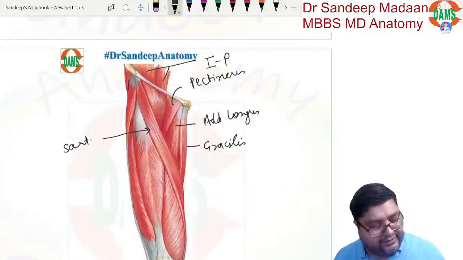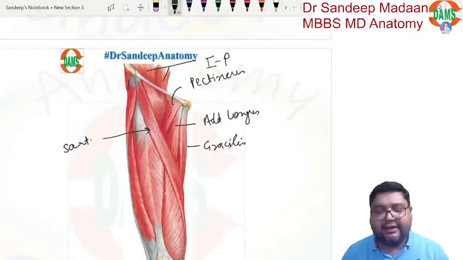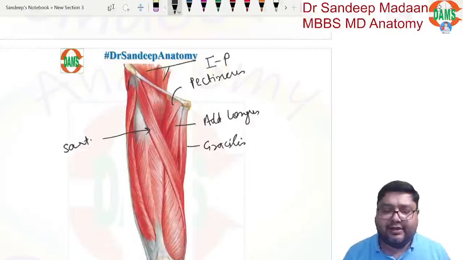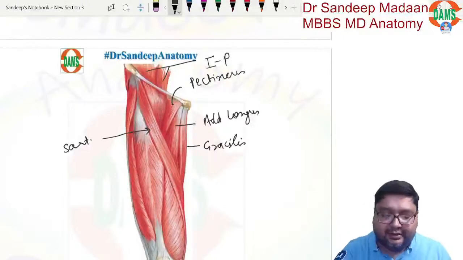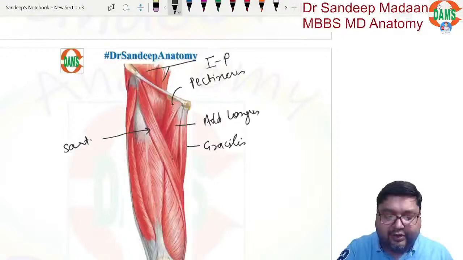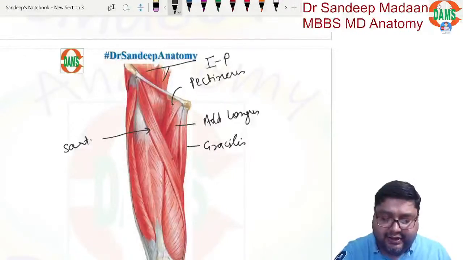Now dear friends, we know the boundaries are the sartorius, adductor longus, and the inguinal ligament. Can you tell me which border of the sartorius I should take for the boundary? This is the lateral border, this is the medial border. For the boundary, I should take the medial border of the sartorius, correct?